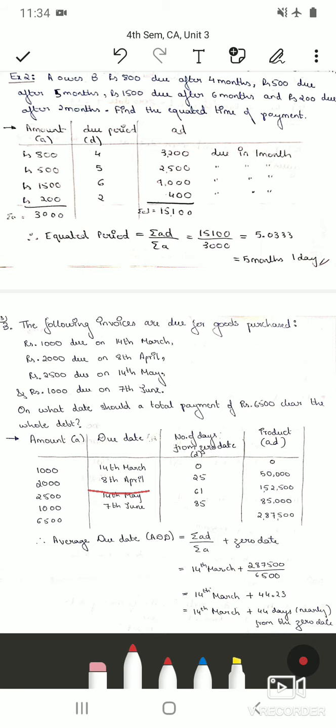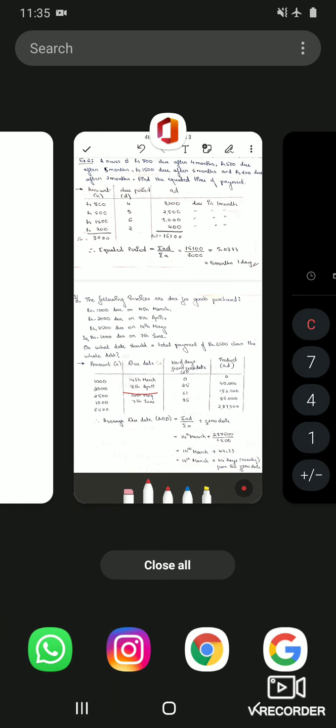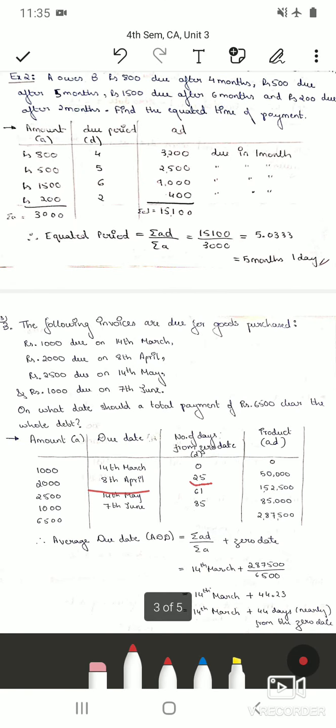March has 31 days, so 14 was your 0 date, so 17 days are there, plus 8th April, so it is 25 days. Number of days from 14th March to 8th April is 25 days. I hope it's clear.